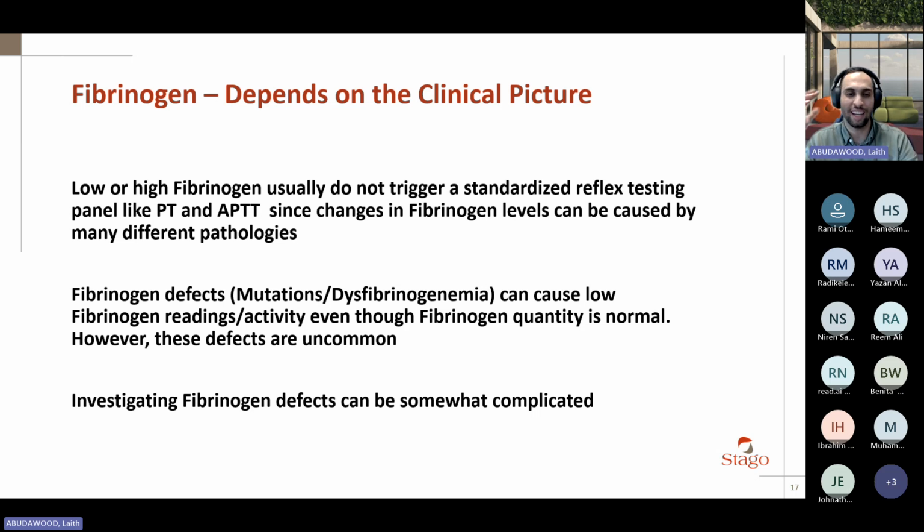So this is usually a clinical decision more than a decision made in the lab. There is really no specific or standard protocol when your fibrinogen is low or high. As you can see, low or high fibrinogen does not trigger a standardized reflex testing like PT or APTT.